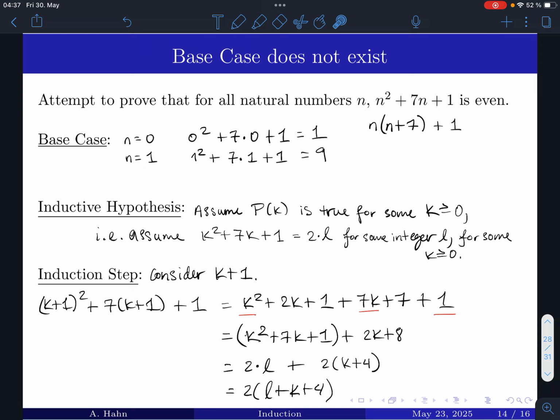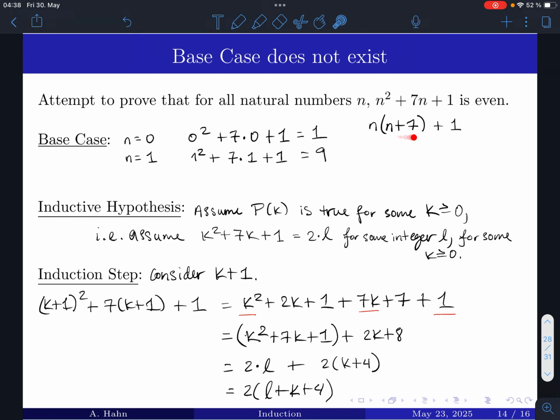Now if n is even, then an even number plus an odd number is going to be odd. So the number over here is odd. An even number times an odd number is even, plus 1 is going to make it odd. So when n is even, this is going to be odd.